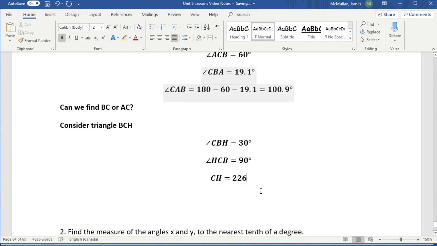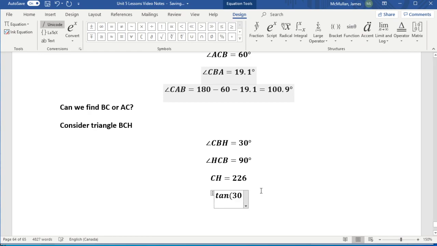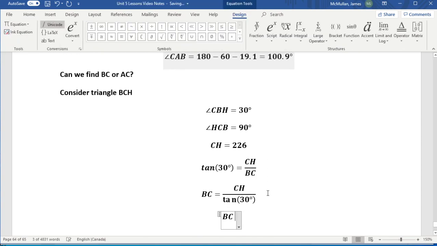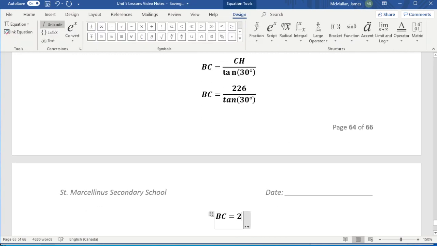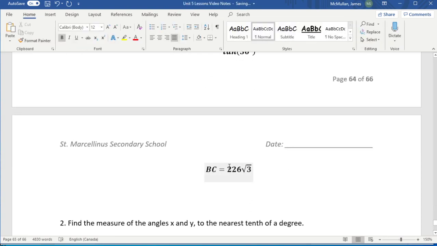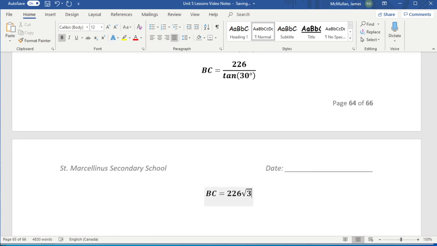So we can say tan of 30 degrees is equal to CH divided by BC, and therefore BC is equal to CH divided by tan 30, which is 226 divided by tan 30. Tan 30 is 1 over root 3, so BC is 226 root 3. Again, you can round it.